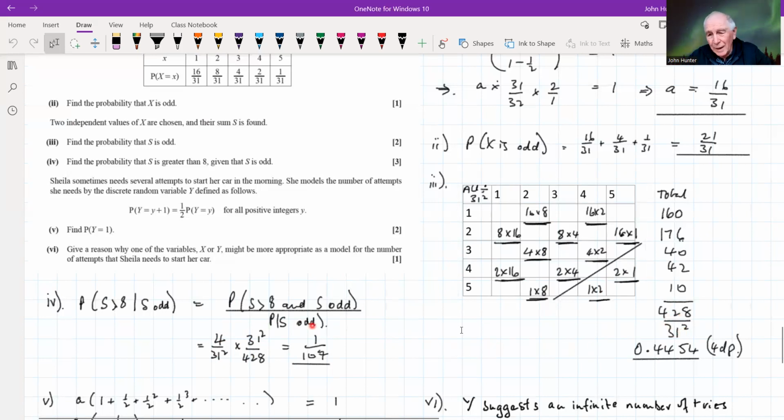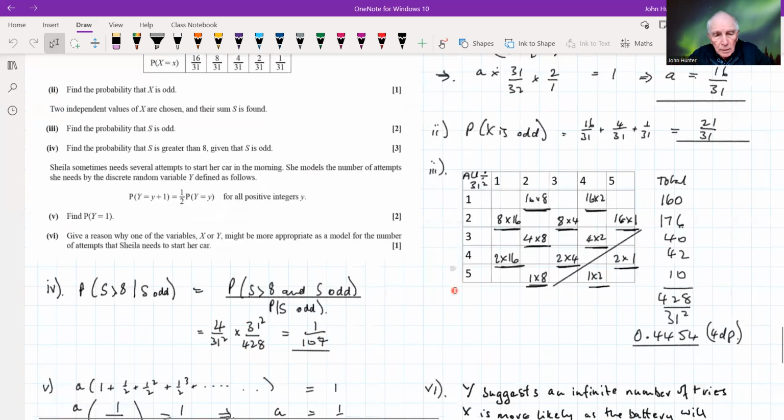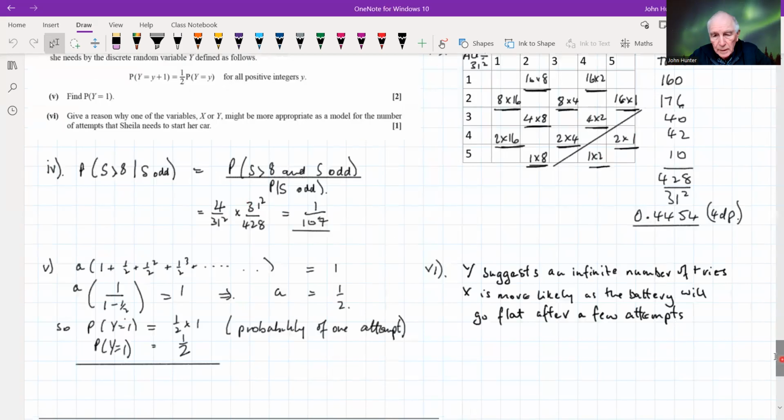And of course, we're dividing by this fraction, so if we multiply by its reciprocal, that's what we're going to get. Which is okay, because the 31 squares will cancel out, and it will leave us with this fraction 4 over 428, or 1 over 107. So that is how that works.